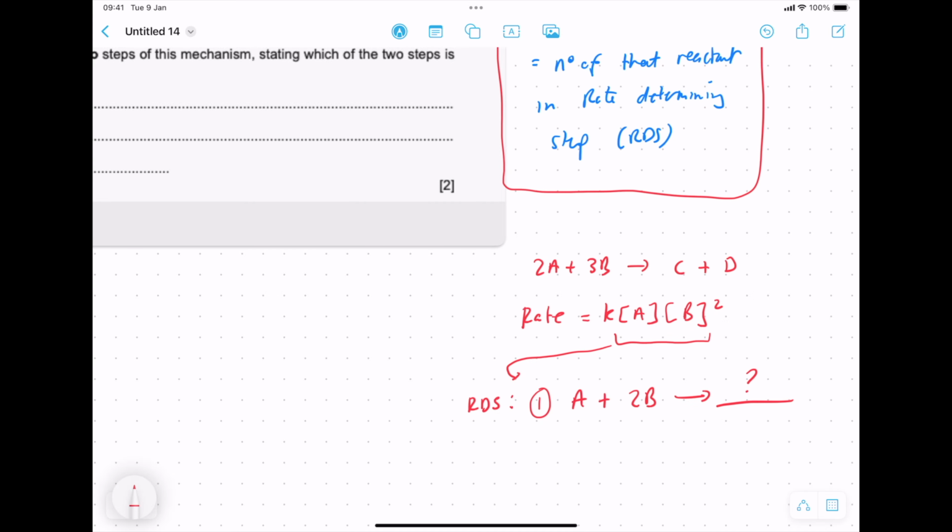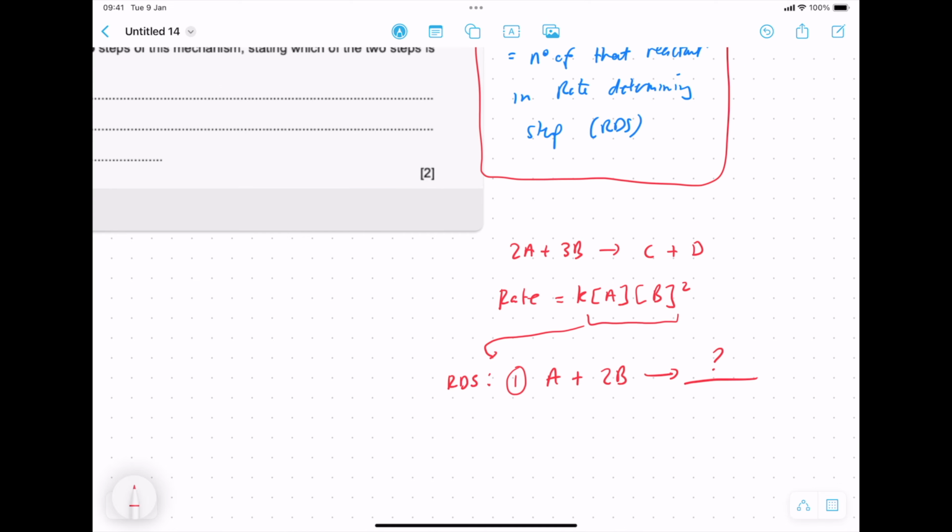That leaves me step 2 to work out, which can be determined by what is left over from the overall equation. The overall equation is this one here, the stoichiometric equation, by the way. I can see that left over, I have one molecule of A, because there was 2A to begin with, and one molecule of B. Remember, 3 lots of B, 2 of it has been used here, so we have 1 left over.